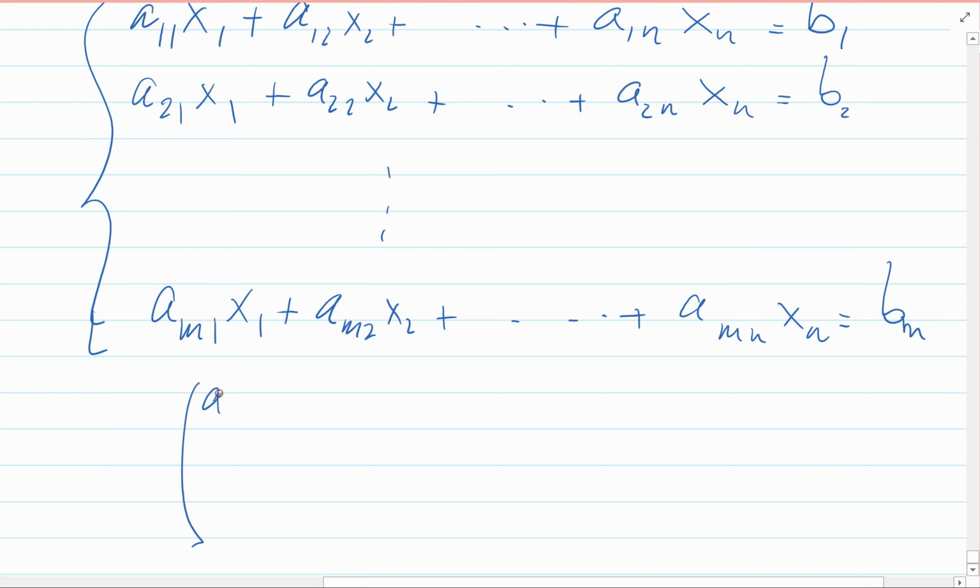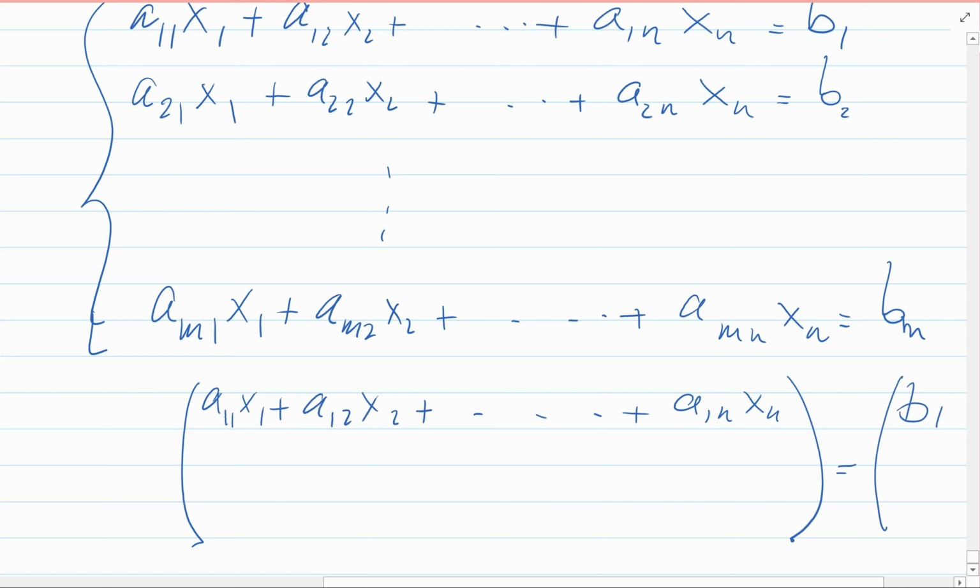Look at this now. I'm going to play using the matrices. So it's going to be A11 x1, A12 x2, plus A1n xn equal, and the first entry is equal to B1. Okay.